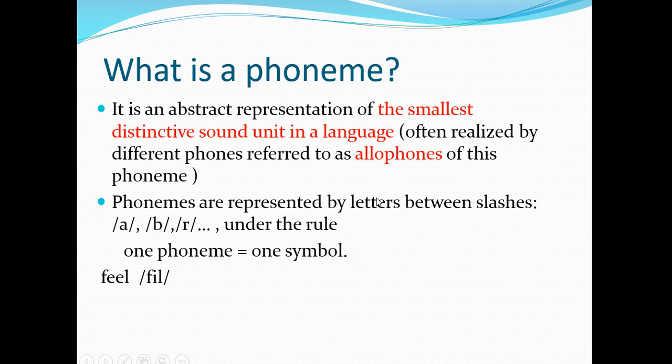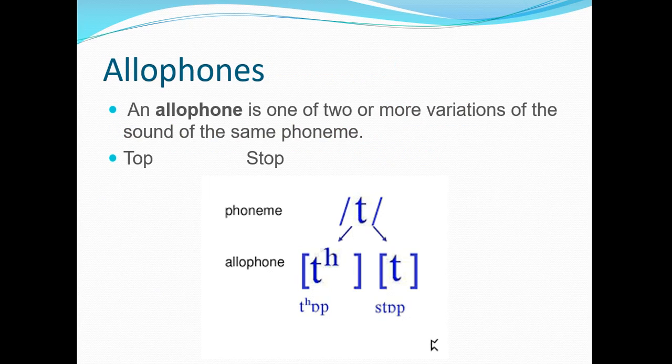So that is a good example to illustrate what a phoneme is. But we have also a concept which is allophone. An allophone is one of 2 or more variations of the sound of the same phoneme. Okay, here we have another example.